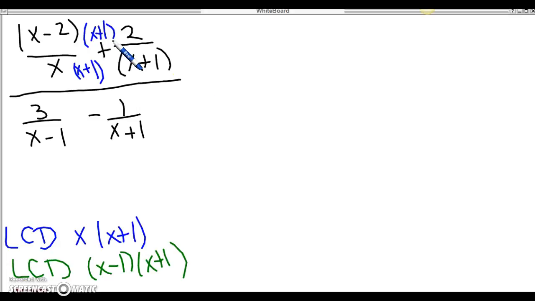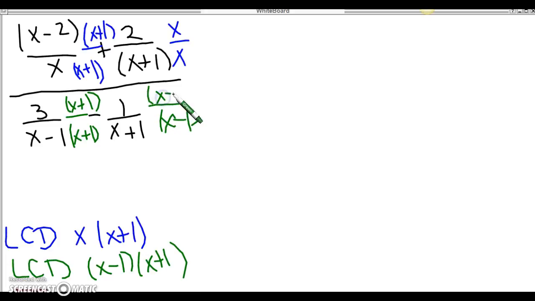And for the second one, I'm just going to have to multiply by x. And we'll go ahead and put for the bottom. For the bottom, I need x plus 1 here, top and bottom. And for this one, I need x minus 1, top and bottom. Okay, so I'm going to multiply now.